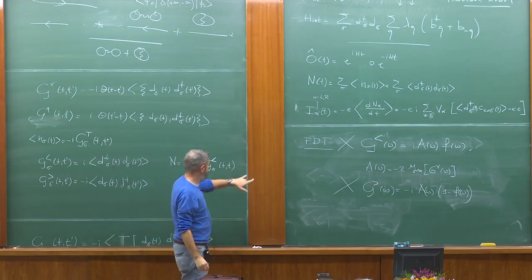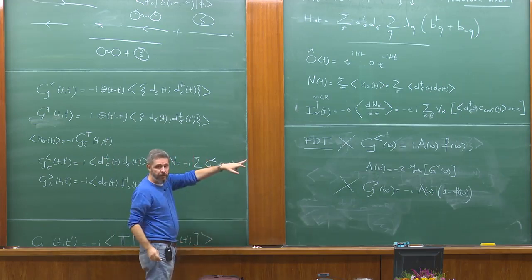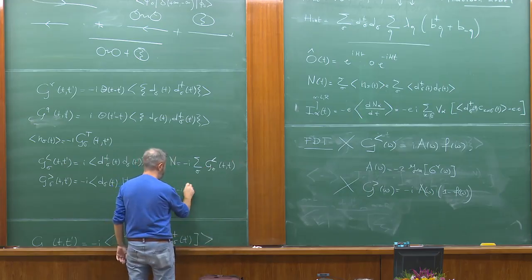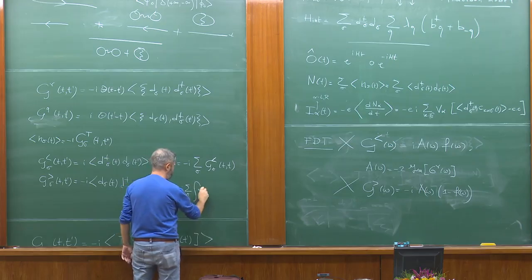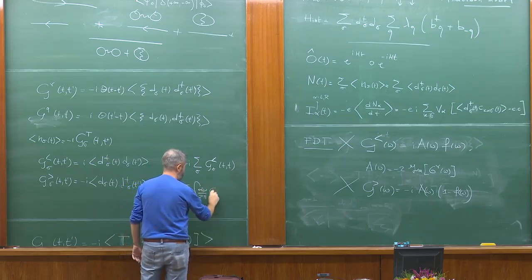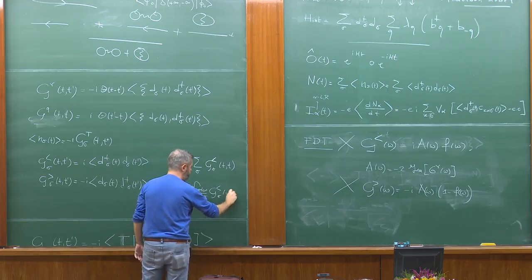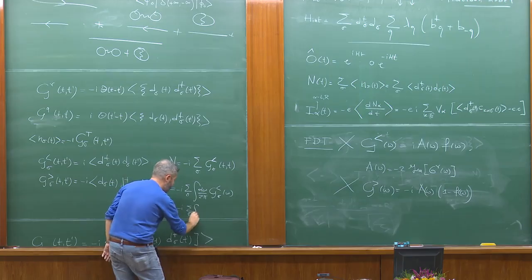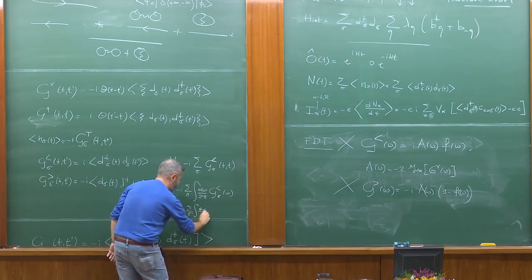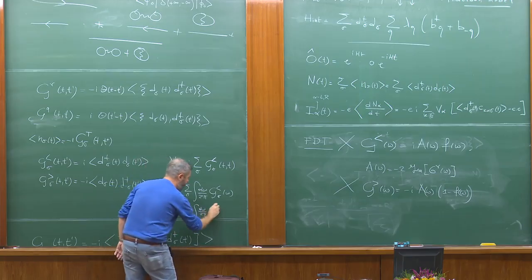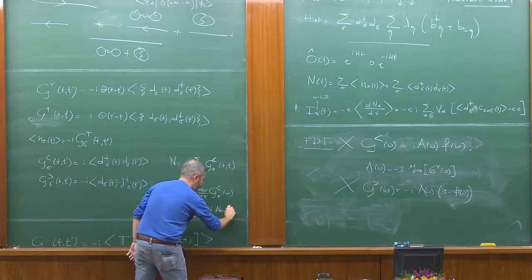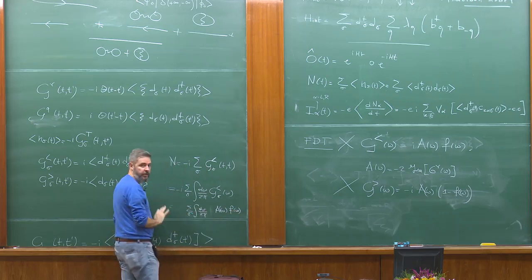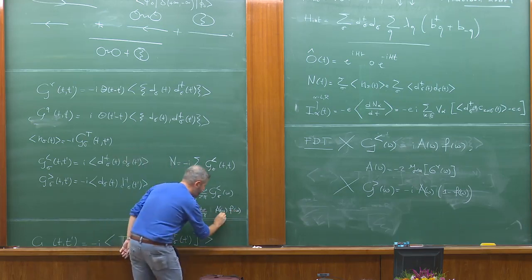And if I now use the fluctuation dissipation theorem there, I know that this is equal to minus i sum over sigma integral d omega over 2 pi G lesser sigma of omega, which is equal to minus i sum over sigma integral d omega over 2 pi, so i A omega f of omega. And then the i goes with the i, and that's what I have. I should put a sigma here.